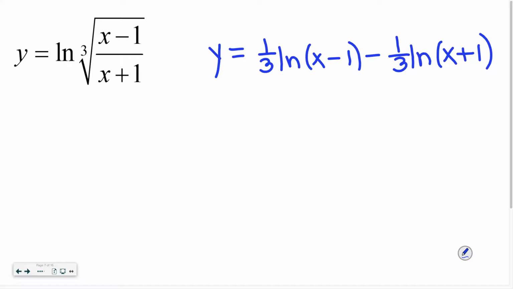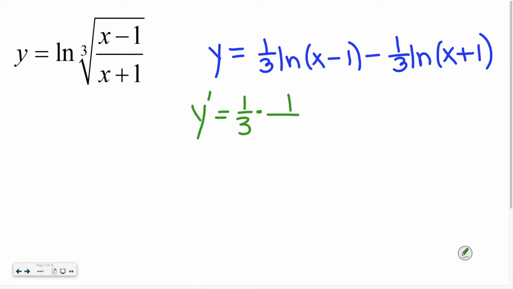How do you feel about those 2 individual derivatives? I don't have to do the quotient rule, and really, I don't have to do the chain rule. All we have to do is take our derivative. So we have 1/3 times the natural log of x minus 1.